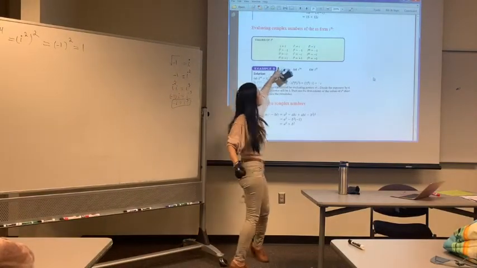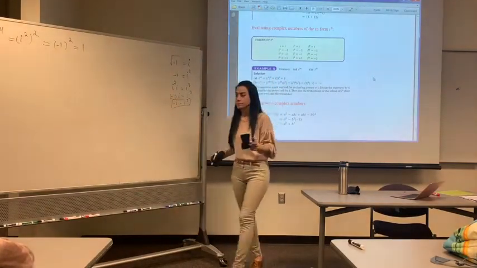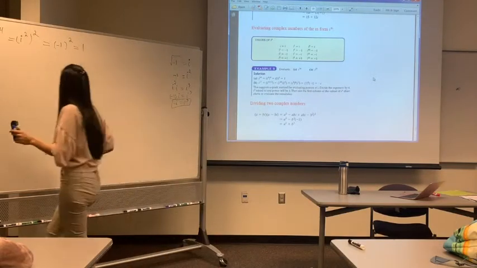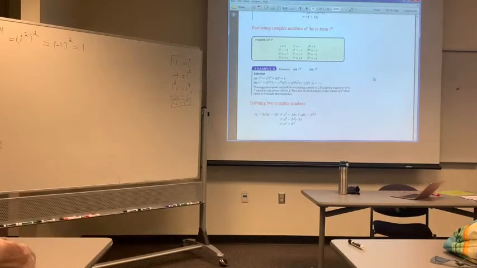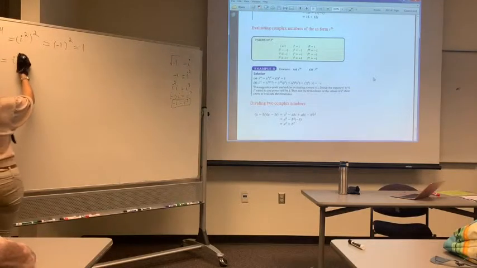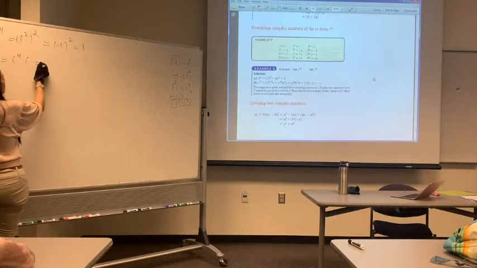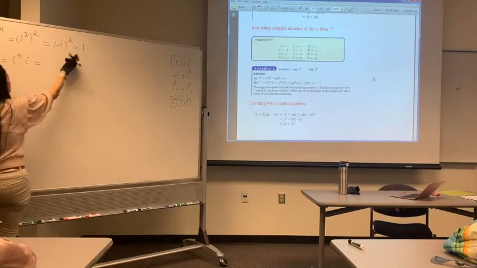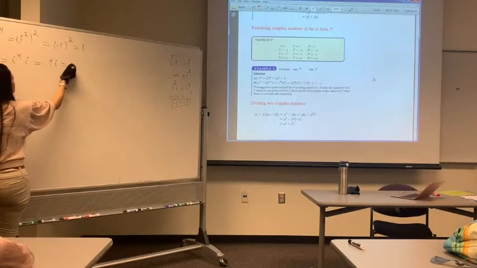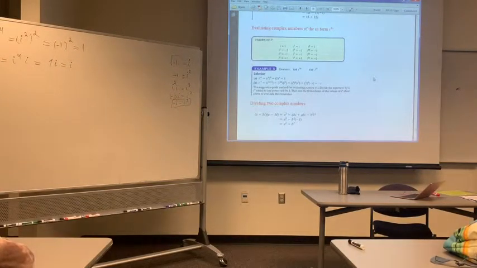So i to the power 4 is positive 1. And then the rest is exactly the same. You just use the previous number. For example, i to the power 5 is i to the power 4 multiplied by i, right? And i to the power 4 is 1. 1 multiplied by i is i. Correct?